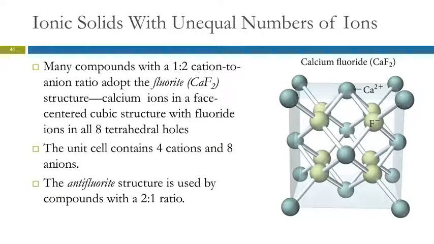In the zinc blende structure, the zinc ions were in 4 of the 8 tetrahedral holes. Because this is a 1 to 2 ratio, the fluorides are occupying all 8 of those holes. So we've got 4 cations and 8 anions. So that's the fluorite structure, and then the anti-fluorite structure is a 2 cation to 1 anion ratio. So it's just sort of the opposite. Exchange the cations and anions.